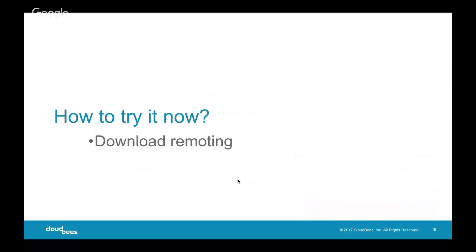So if you want to try it now, you can download a custom remoting version from Jenkins Artifactory. You can replace this agent version on your agents, and then you can enable this work directory right now. There are changes in Jenkins core in order to enable this functionality.